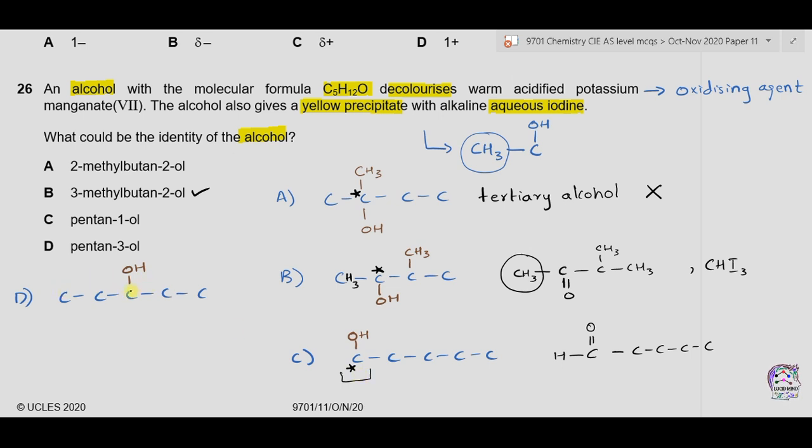Similarly, in D we can see that the carbon atom attached with OH is a secondary alcohol, so this will oxidize into ketone. But no CH3 group is directly attached with this carbon atom, so it won't give a yellow precipitate. The only alcohol giving both positive results is B.